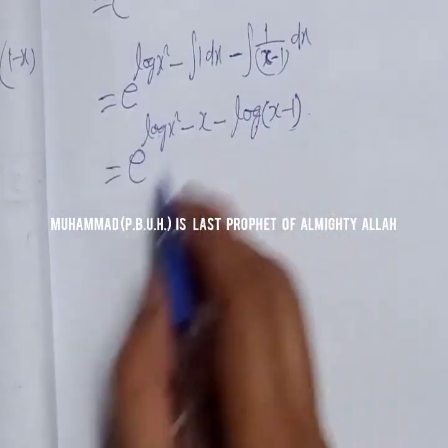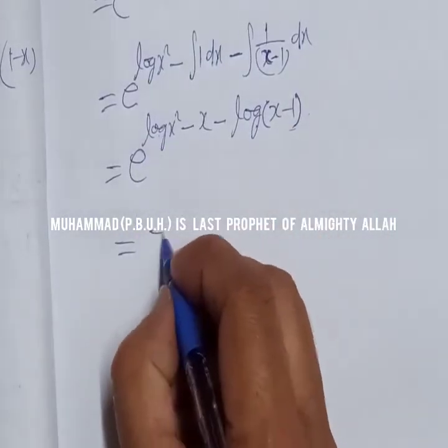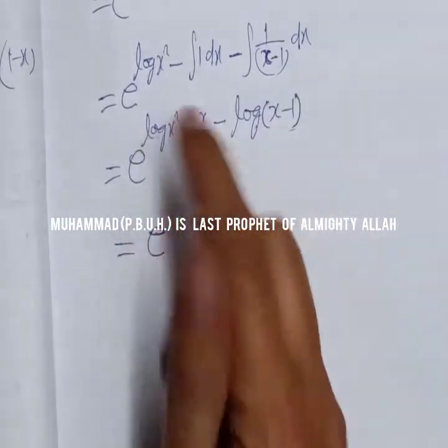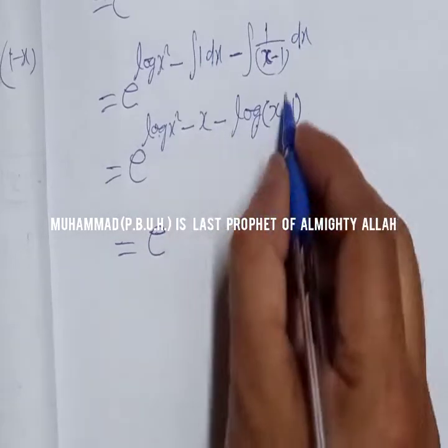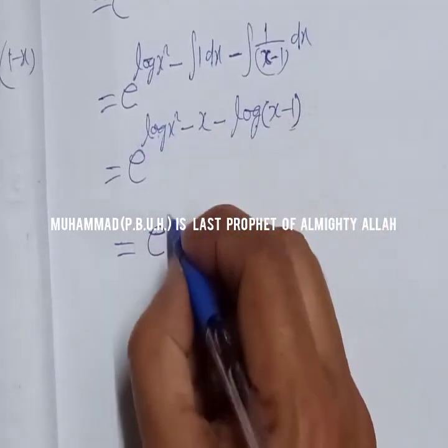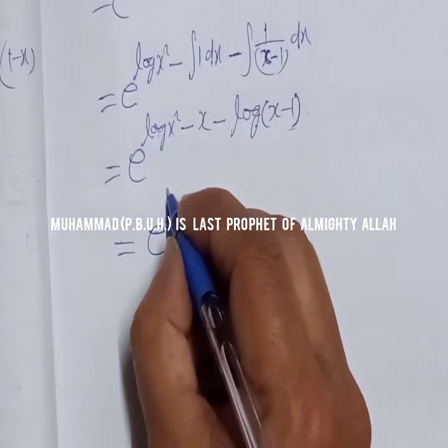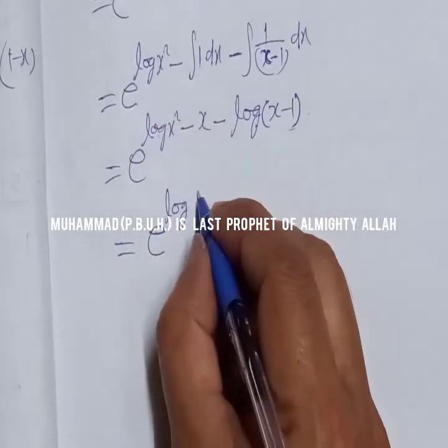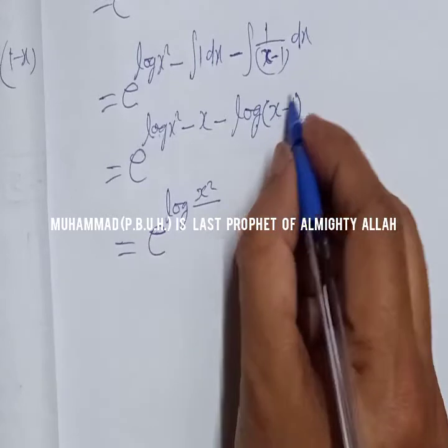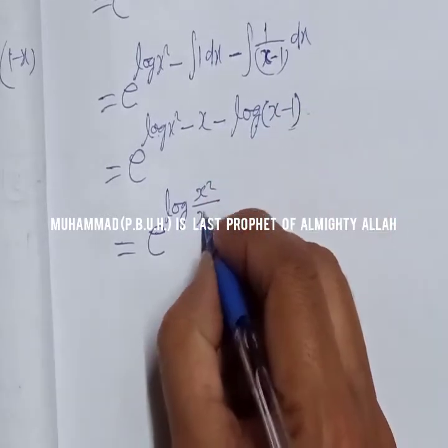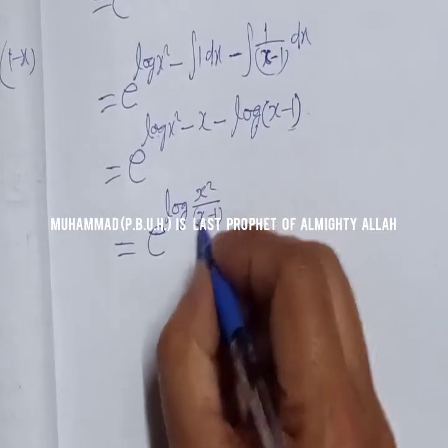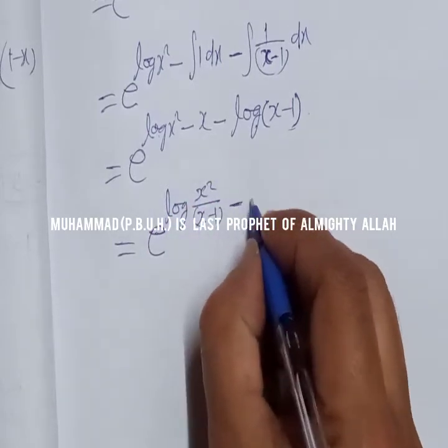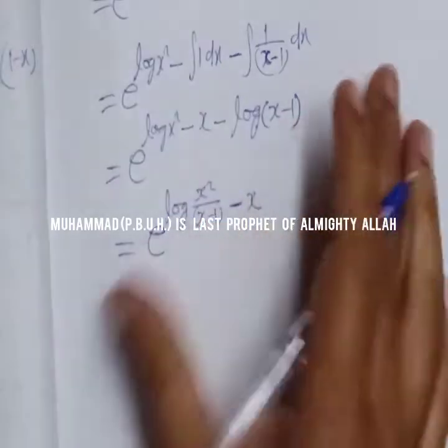These are 2 logs, so I write them as I want to combine them. According to the log formula, we write only 1 log, with the positive value in the numerator and the negative value in the denominator, and after this value, minus x, I write minus x here.